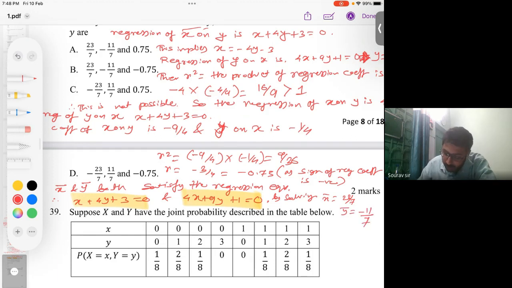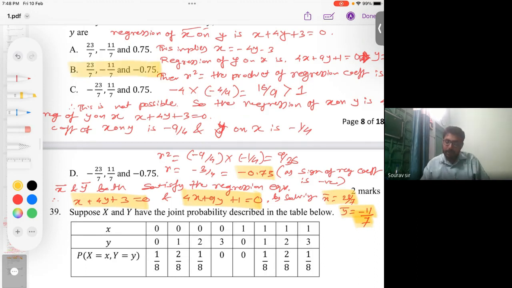So we have already found the three required values, that is x bar is equal to 23/7, y bar is equal to -11/7, and r is equal to -0.75. So the correct option in this case will be option B.